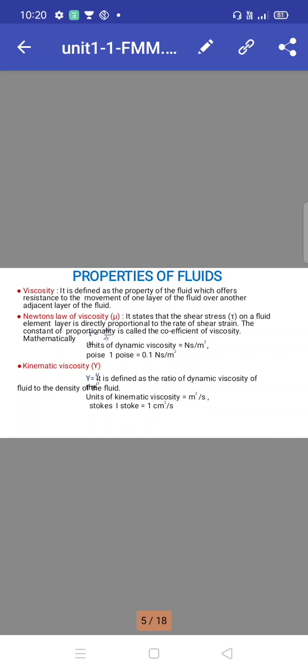We can use the term poise as a unit for viscosity. Then we can use kinematic viscosity. Kinematic viscosity is a ratio of dynamic viscosity per density. So we can use Stoke as the unit here.